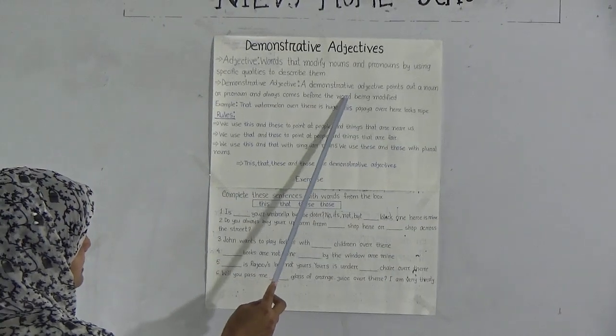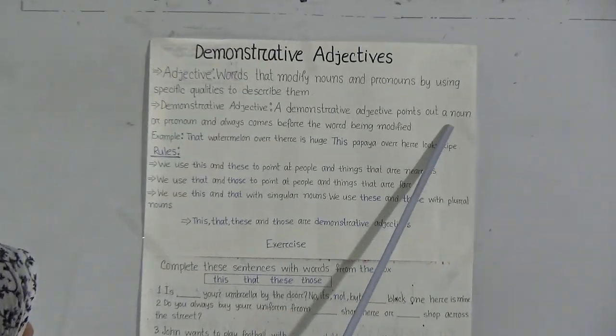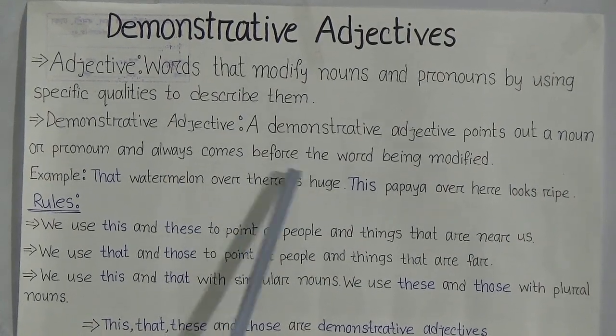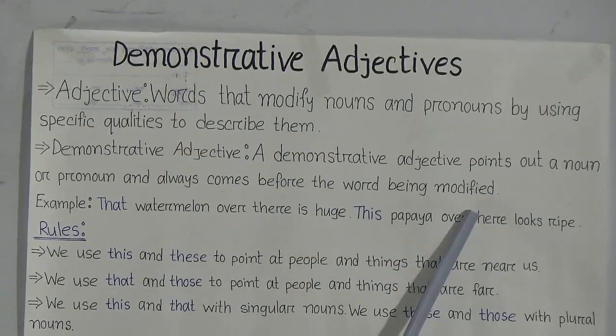Demonstrative adjective is one kind of adjective. Now we learn about demonstrative adjectives. A demonstrative adjective points out a noun or pronoun and always comes before the word being modified.